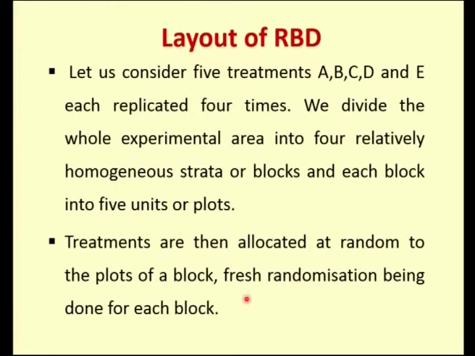Since here we have 5 treatments, a single digit number may be chosen from Tippett's random number table, so that a number cannot be less than 1 and more than 5, as we have 5 treatments. Suppose we have the numbers 1, 3, 5, 4, 2.